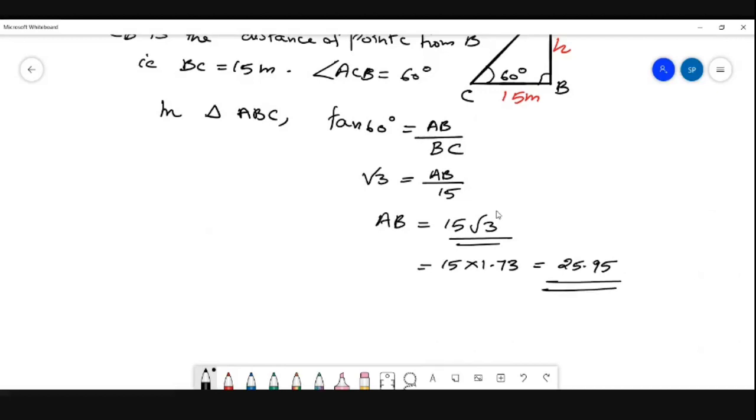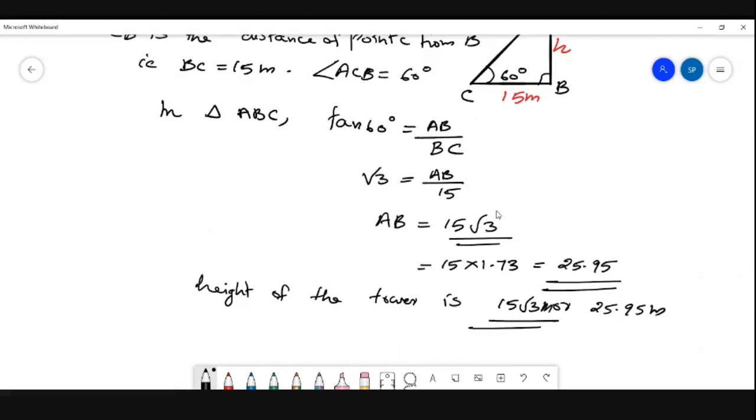So we say that the height of the tower AB is 15 root 3, or it is 25.95 meters. You can say 15 root 3 meters.